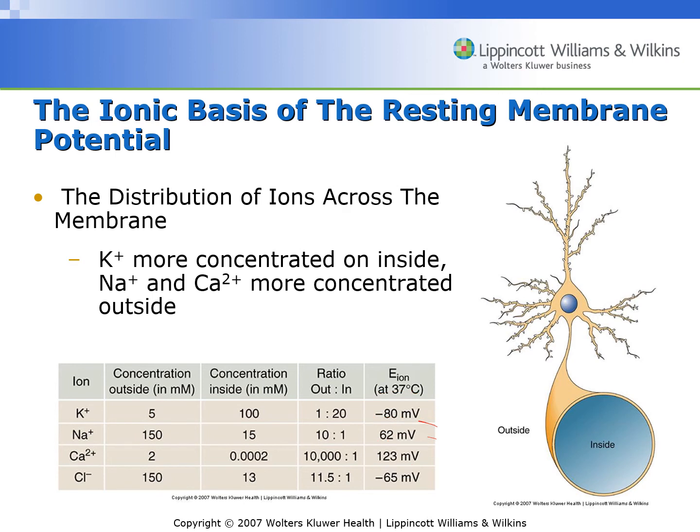Well, if the cell is at minus 80 millivolts, that is the point where potassium will not move net back and forth, there'll be no net change. Potassium is super happy when the cell is at minus 80, it's just moving back and forth equally on both sides. If it's at minus 70, it's going to try to bring it back down to minus 80.